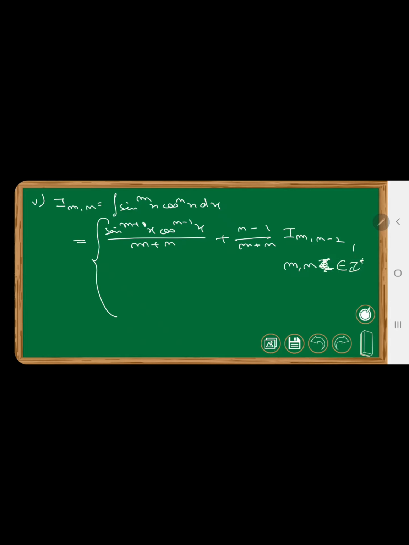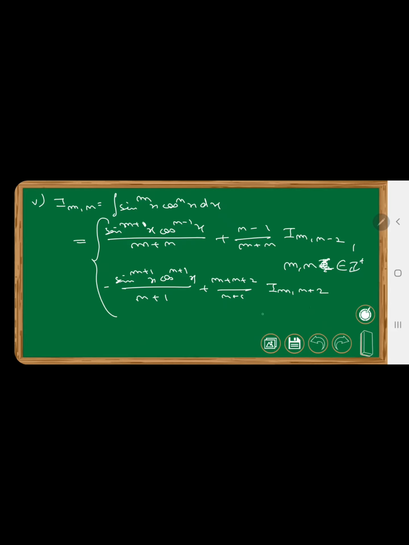set of positive integers. And if m, okay, let me first write the formula, then I will tell you the criteria. The other formula will give you minus sin^(m+1)x cos^(n+1)x over (n+1) plus (m+n+2)/(n+1) I_(m,n+2).